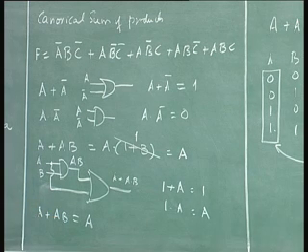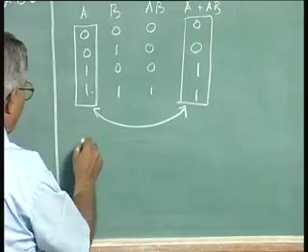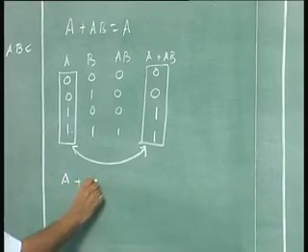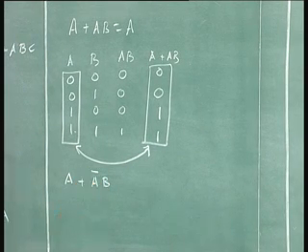Two other identities and then we will stop this. For example, suppose we have A OR (NOT A AND B). What do you think this will be?